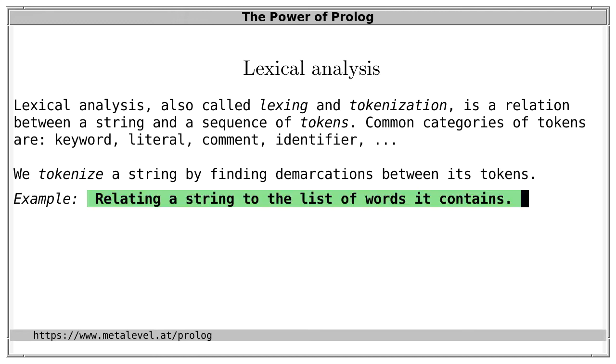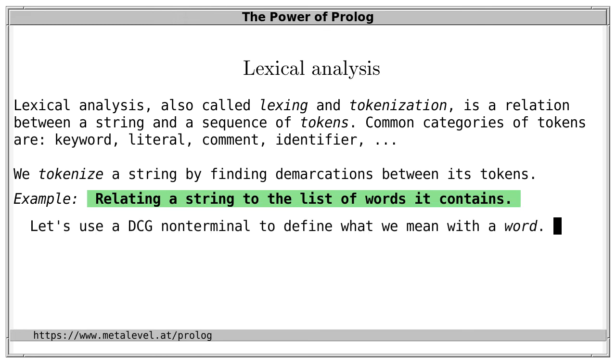For instance, let's relate a string to the list of its words. So we start by defining a non-terminal that states what we mean with a word. And let's say we accept the empty word and also a sequence of a character C on the condition that C is an alphabetic character.